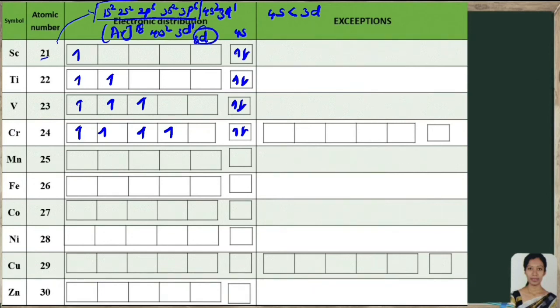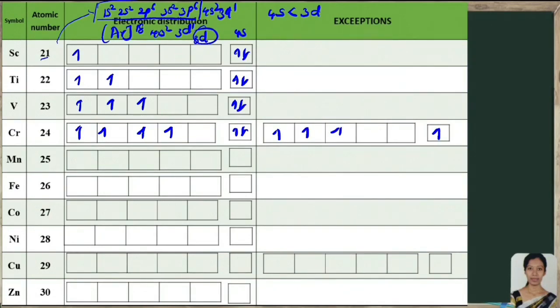I will tell the reason for the stability of full-filled and half-filled electronic configuration later in this class. But the actual observed configuration is that 4s will take only 1 electron, then the remaining 5 electrons will be filled in the 3d orbital.